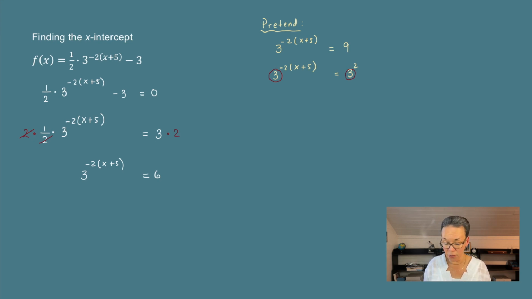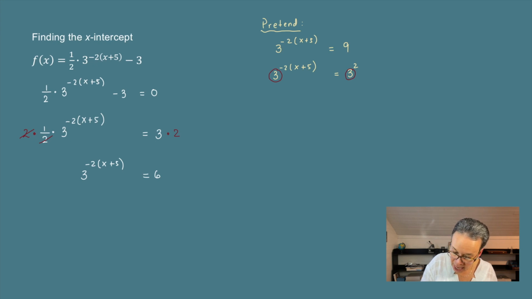Why is that useful? Well, if I have the same base and I know that the left side must be equal to the right side, then the exponents must be equal to each other. There's no way. The exponents have to be equal to each other.